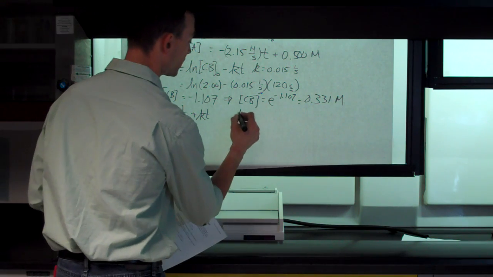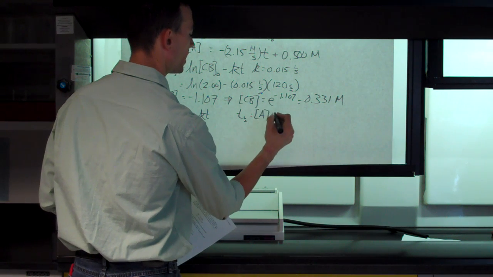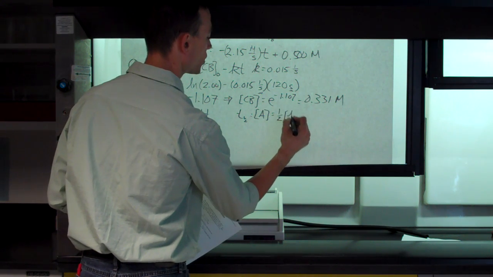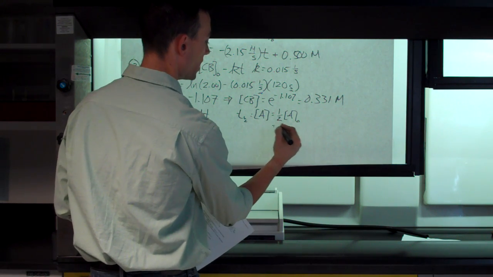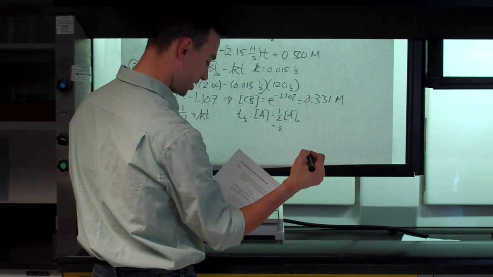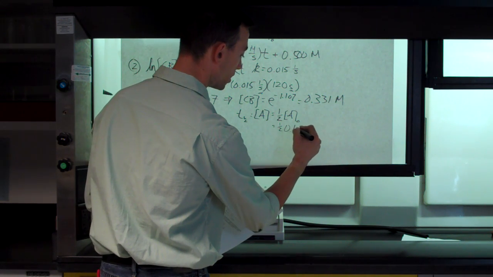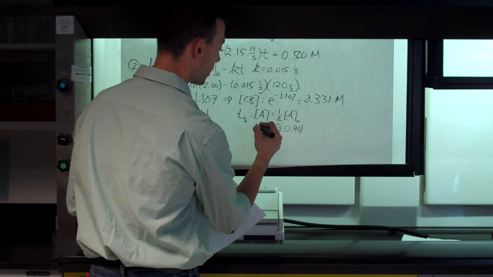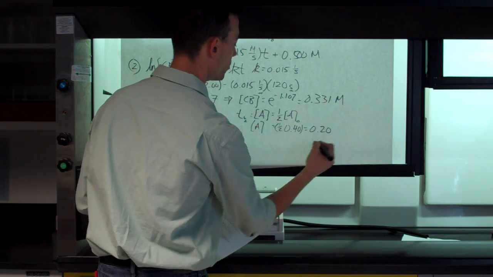So the half-life, t1/2, the concentration of A is 1/2 the initial concentration of A. So we can use this relationship. If our initial concentration is 0.4 molar, then our A is going to be 0.2 molar.